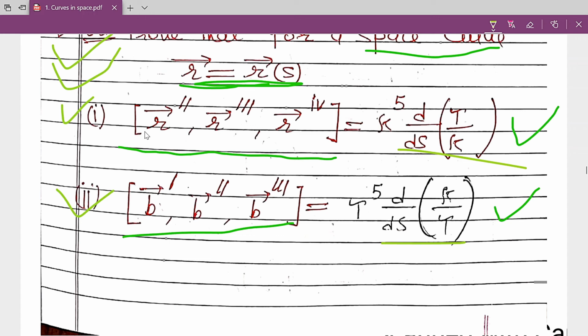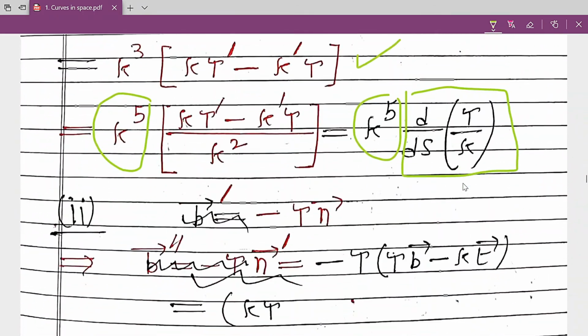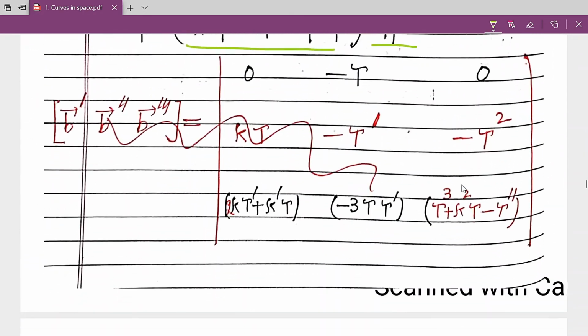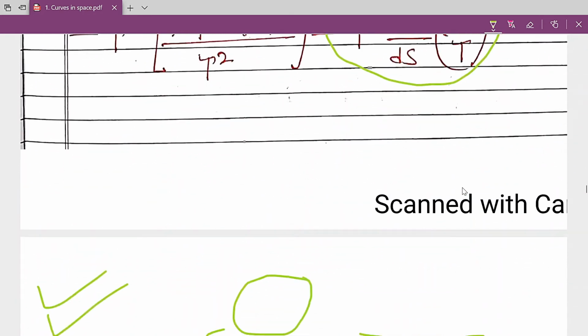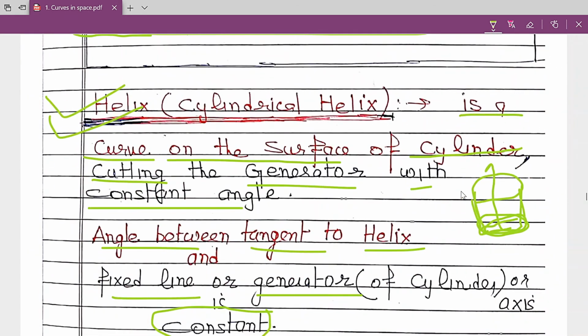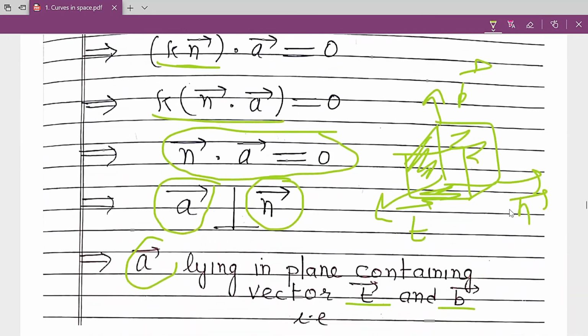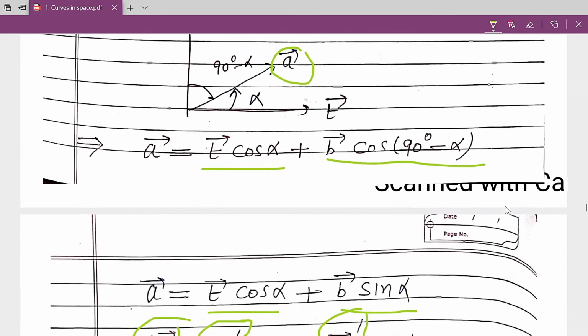What is this? This is t dash, this is t double dash, and this is t triple dash. Clear? So using that result in this equation, we get that this scalar triple product is 0. So remember this: sometimes the examiner will ask in this way to show that for a helix this scalar triple product is 0. Clear? So all the theories are related to each other.